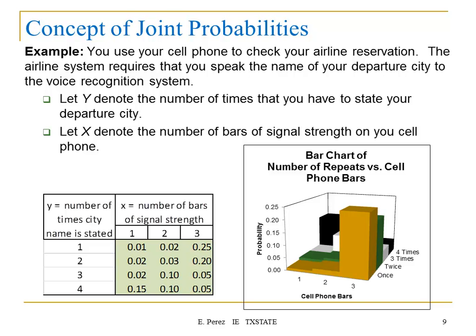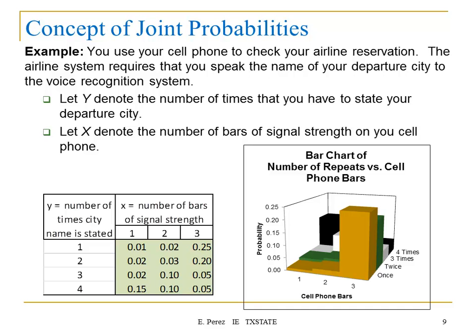Now, for the case in which you have only one bar, you'll see that the probability of repeating your name only once is very low, but the probability of repeating the name of the city many times is very high. Okay? So the better reception you have, the higher the probability that you're going to repeat the city name fewer times.